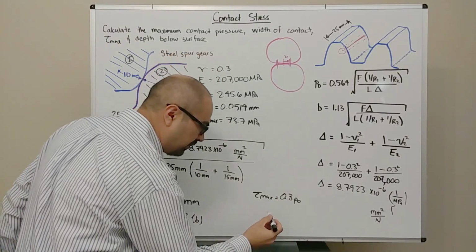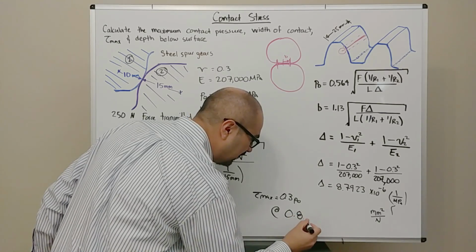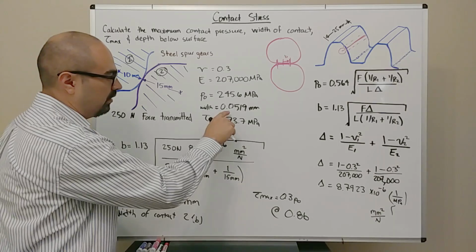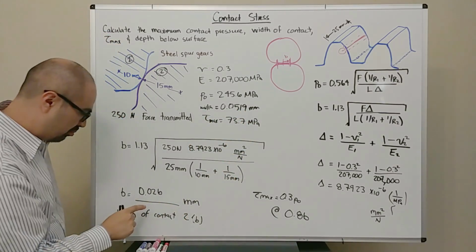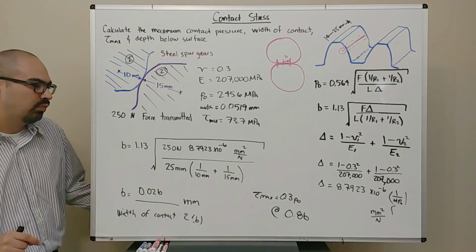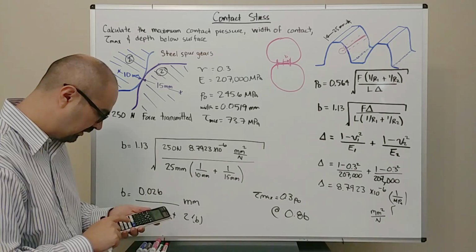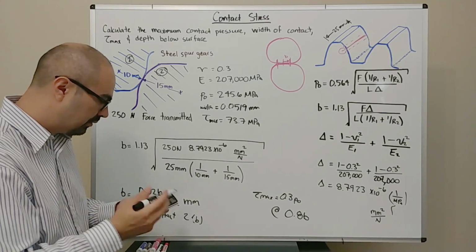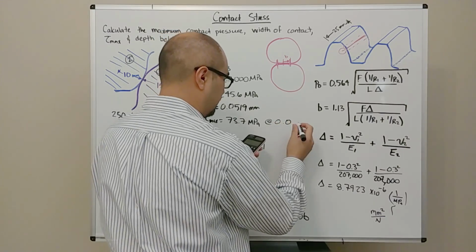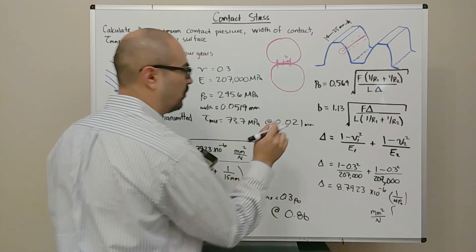So I think a better approximation would be that this occurs at 0.8 B. So if our value B over here, 0.026, we multiply times 0.8, we're going to get roughly 0.021 millimeters.